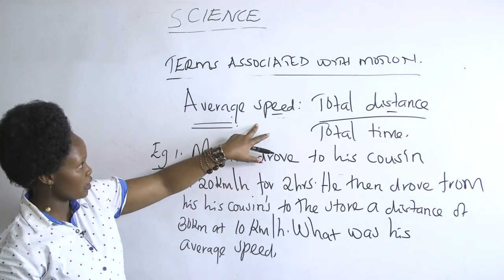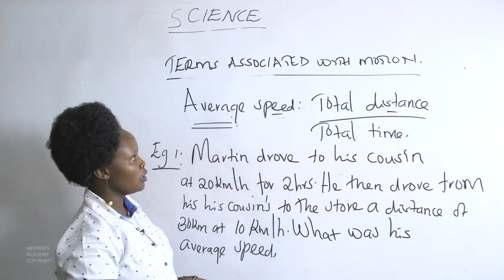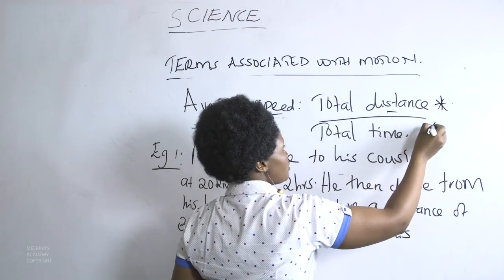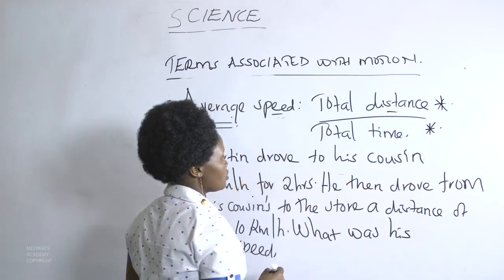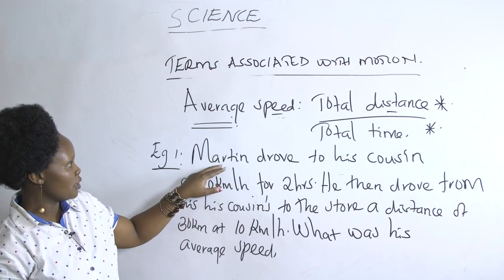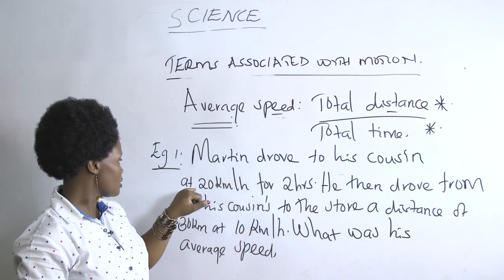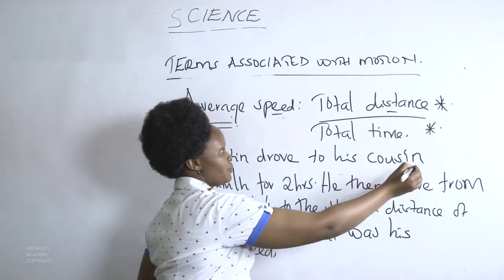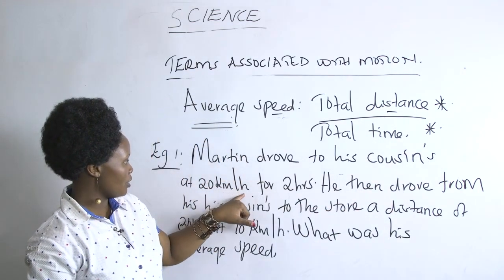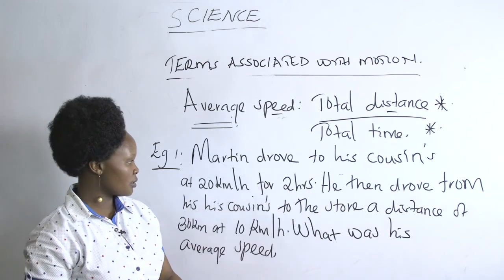We are after the average speed, which means we have to consider total distance and total time. Now, Martin drove to his cousin's at 20 kilometers per hour for 2 hours.